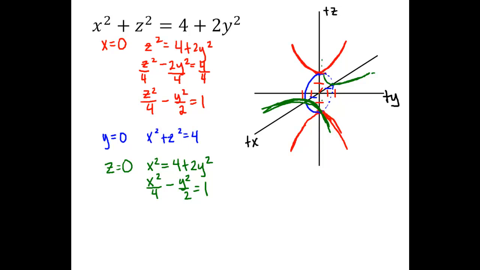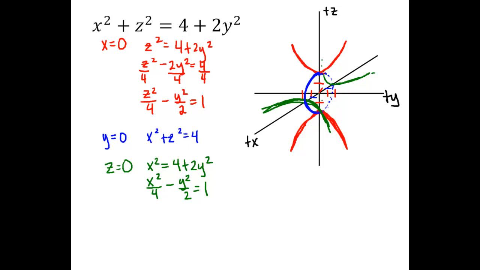So if I just think about that much, I have this hourglass sort of shape, and then my circle that I've drawn in blue here is sort of like a waist around the center of that hourglass shape.